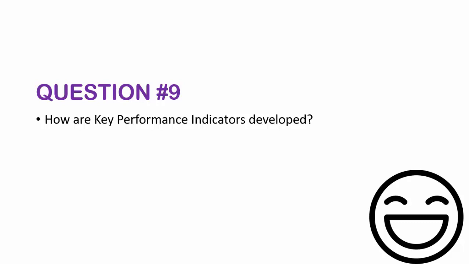Because when you identify the problem, then automatically you would define the solution, and in that solution, you'll be able to say, okay, how do I measure whether this solution has been achieved or not? I'll give you an example. Let's say there are high poverty levels in a certain community. That is a problem.